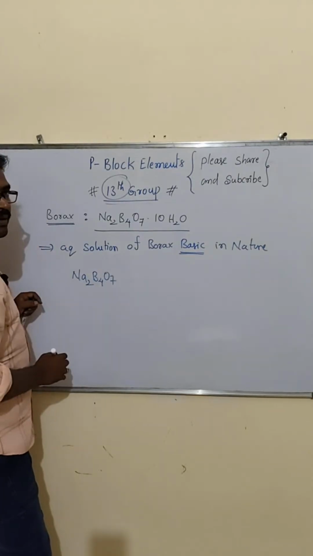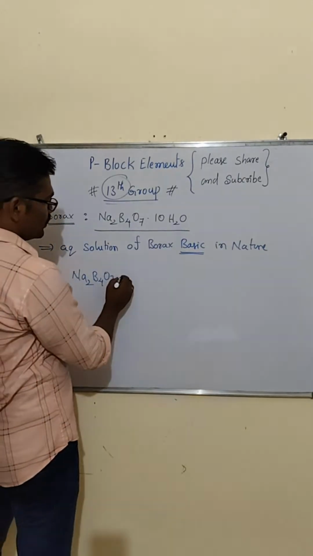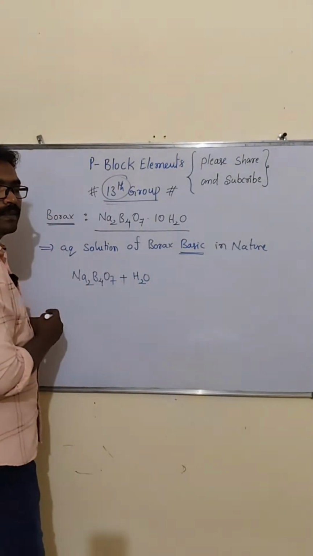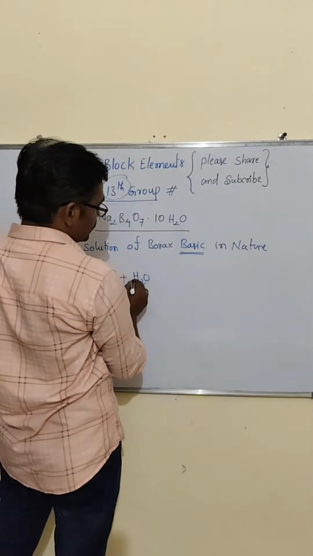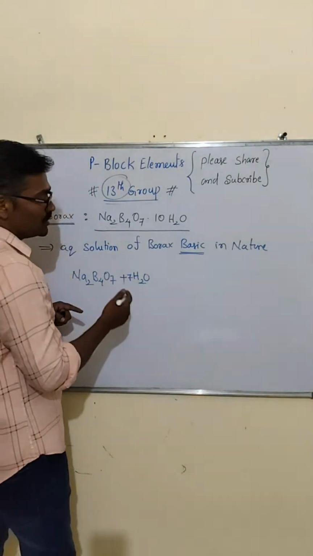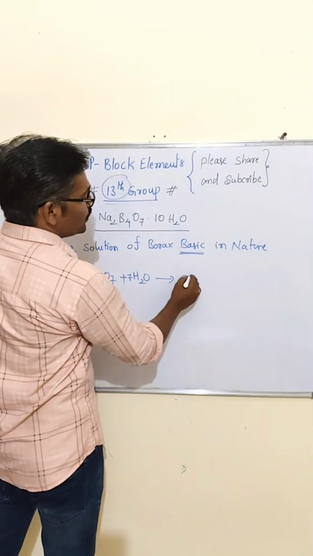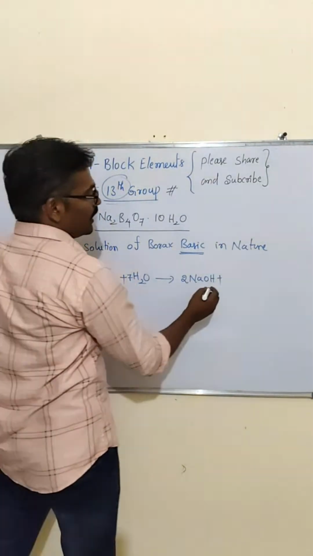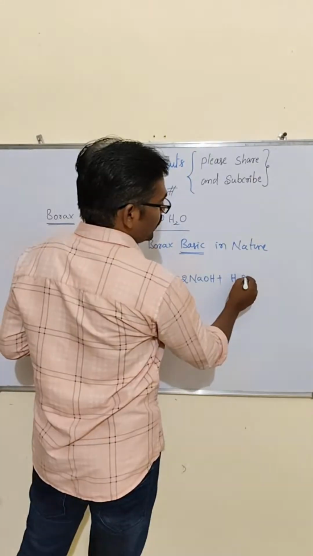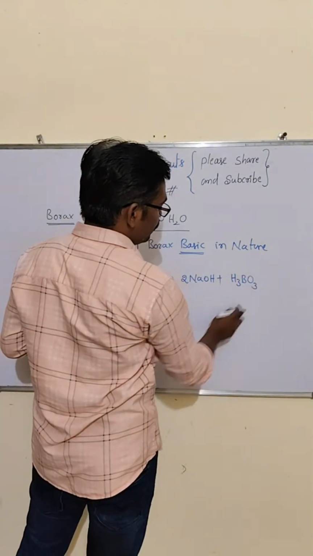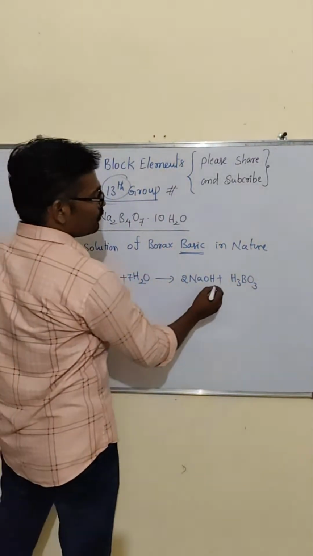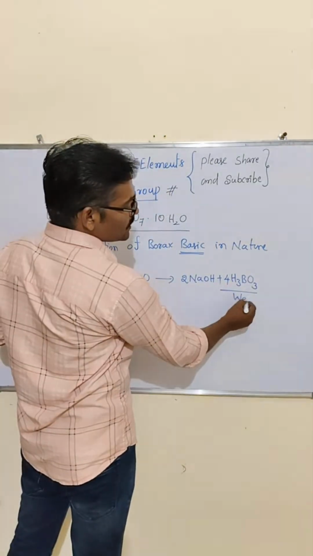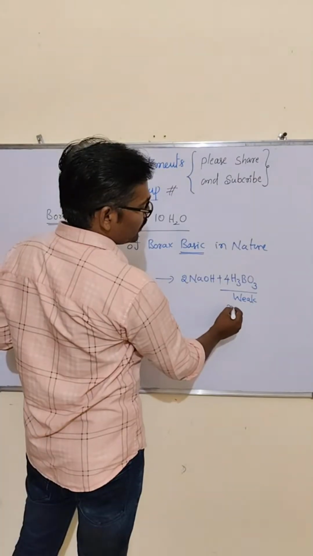Na2B4O7, without hydrated water molecules, when it is treated with water, with 7H2O water molecules, you get 2 moles of NaOH plus 4 H3BO3, since borons are 4. So H3BO3 is a weak acid, a weak monobasic acid.